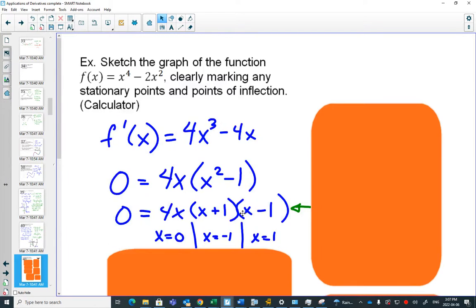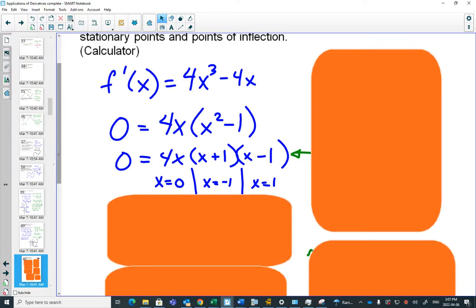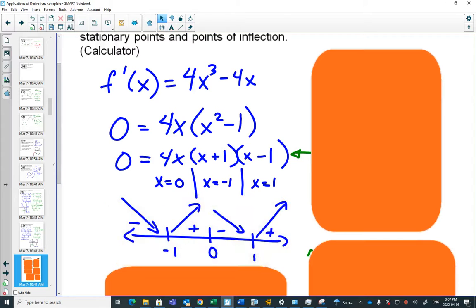The first derivative part. Did you get -1, 1, and 0? Okay. I did my number line underneath here. I'm going to label this as f prime. Did your down ups go the same?